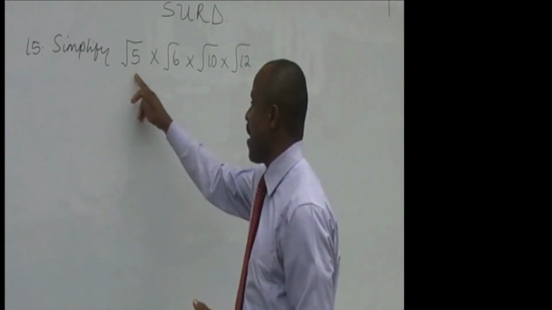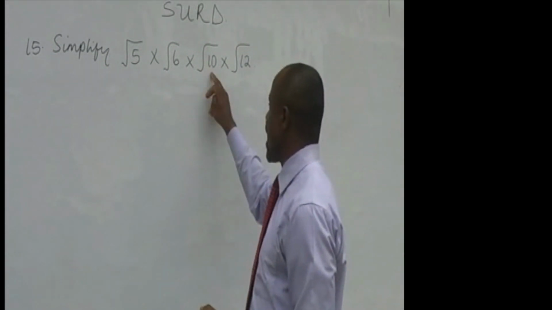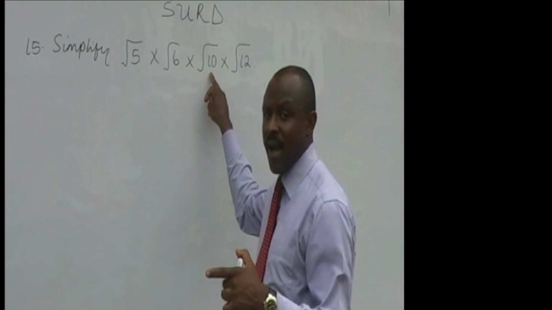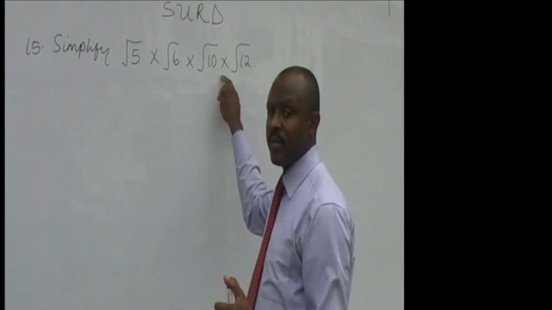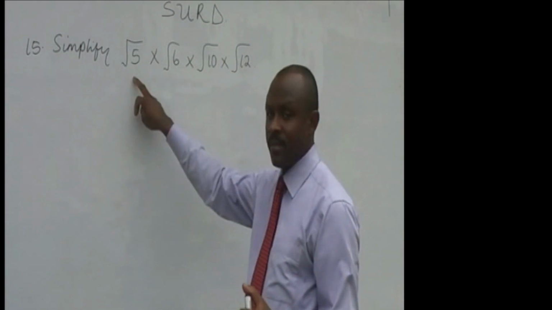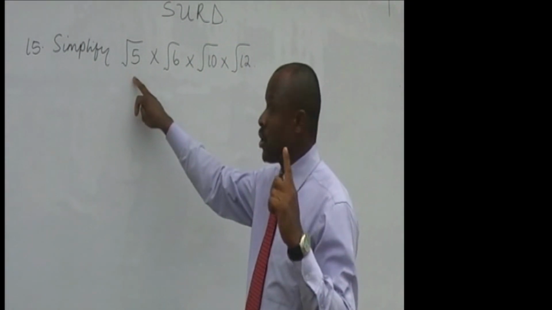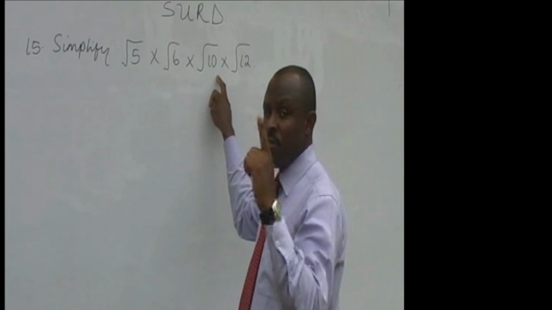For instance, you have the 5 here, and you know that 10 is 2 times 5. When you have root 2 and root 5, you can join root 5 and root 5 to give you 5.